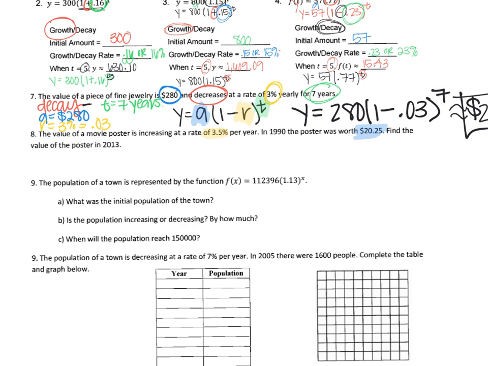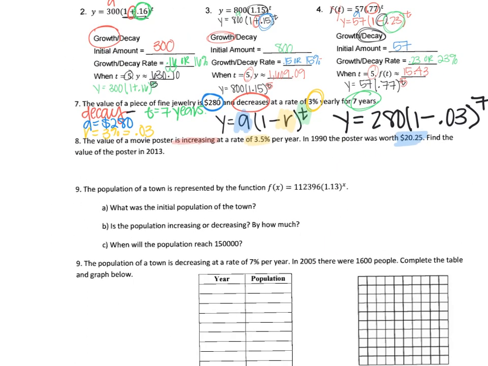Find the value of the poster in 2013. So it says here it's increasing. So this already tells me that it is an exponential growth, not a decay.